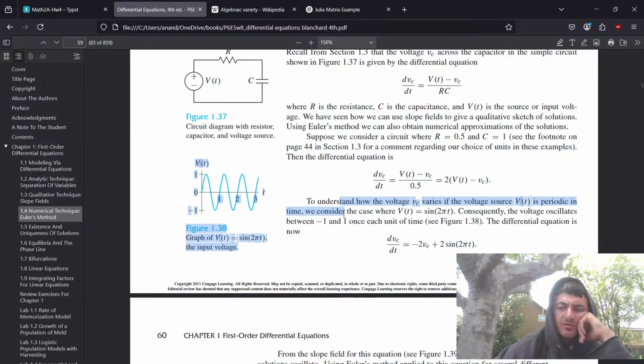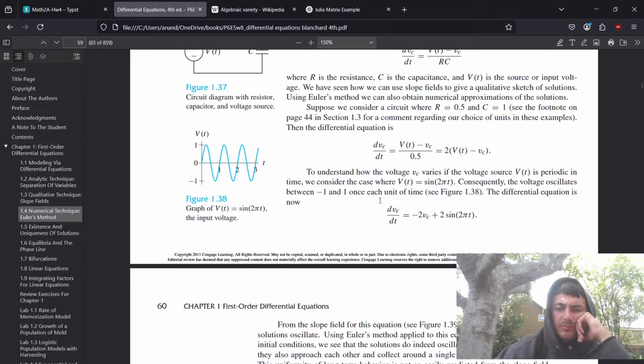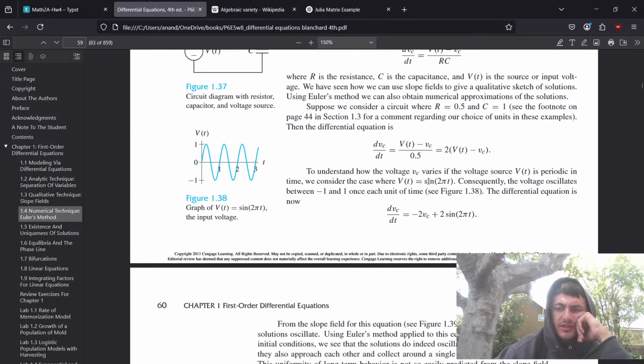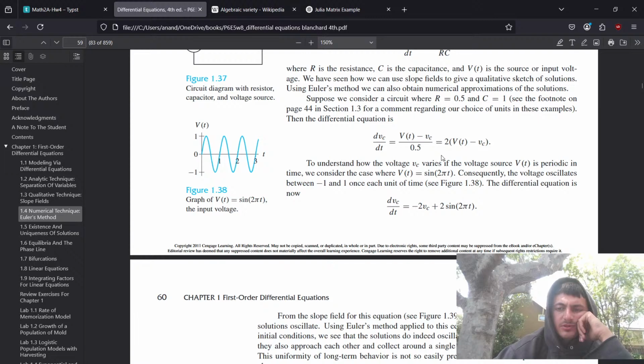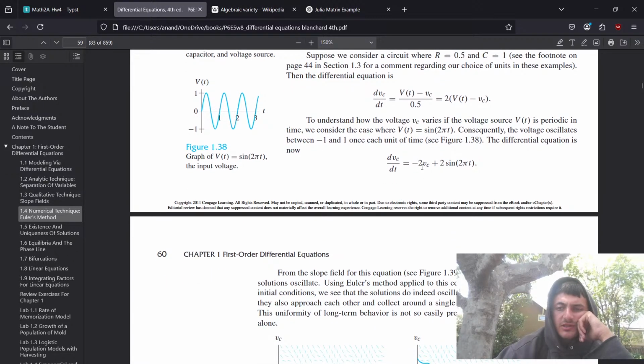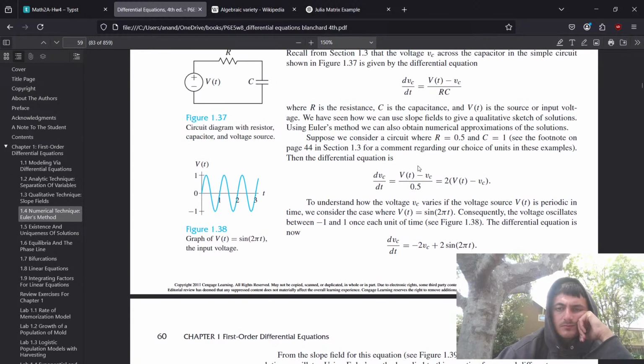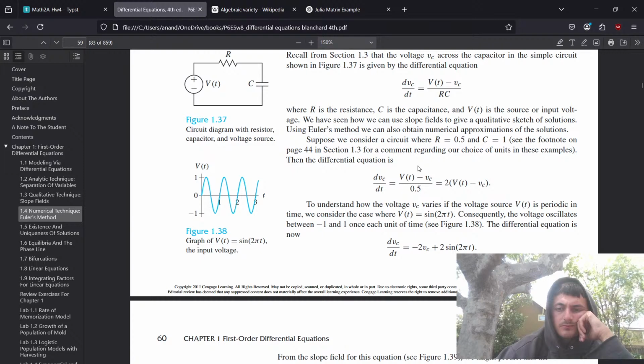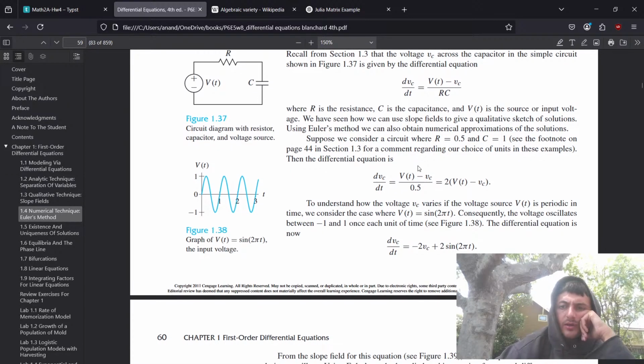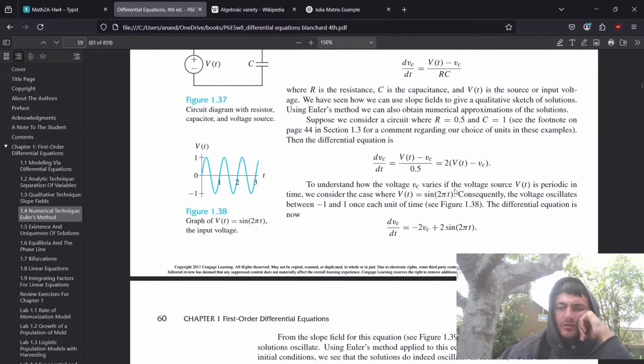Okay, so we consider when the voltage source is periodic. So, sine of t. The voltage oscillates between -1 and 1 each unit of time. The differential equation is now, wait, RC, okay, it's over 0.5.